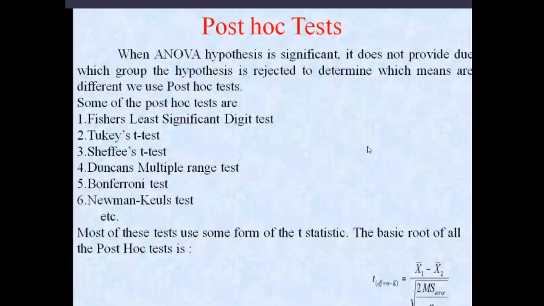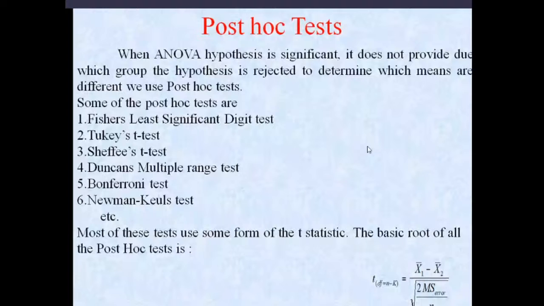Based upon that, you are trying to identify for which group the hypothesis is rejected. Suppose you have paddies available on rice, then you have to identify each one separately, keeping the others aside. For that type of case, we use the post hoc test.